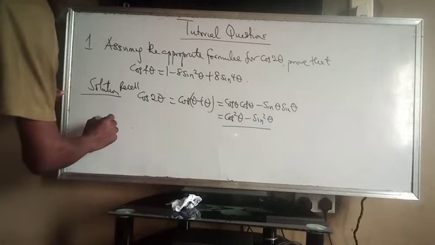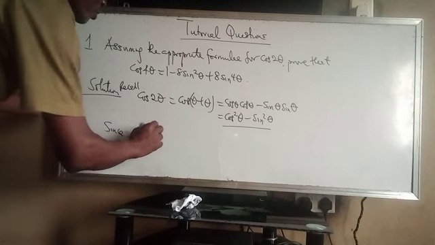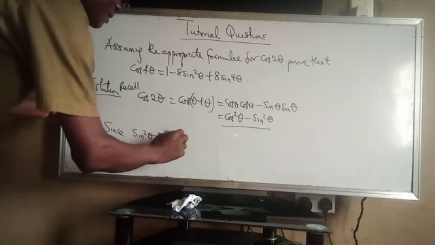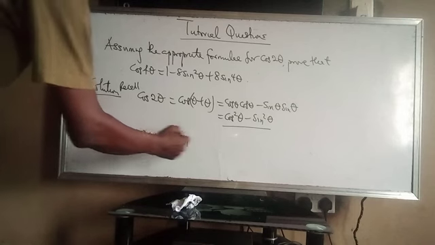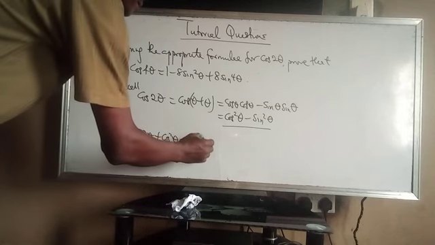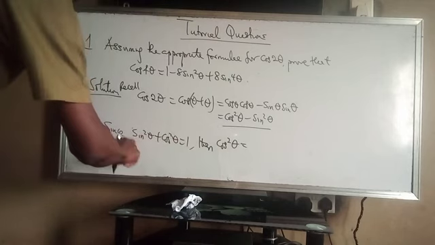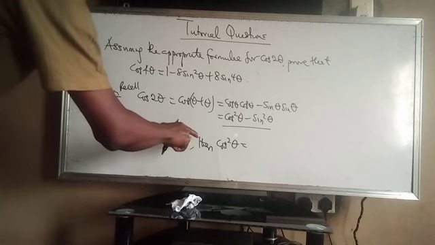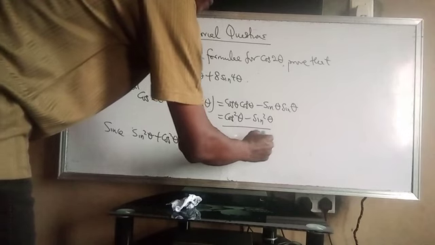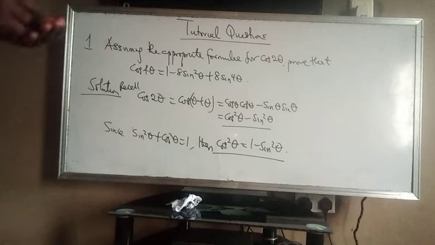Since sine square theta plus cos square theta is equal to 1, making cos square theta the subject, sine square theta goes to the right hand side and becomes 1 minus sine square theta. So cos square theta is the same thing as 1 minus sine square theta.